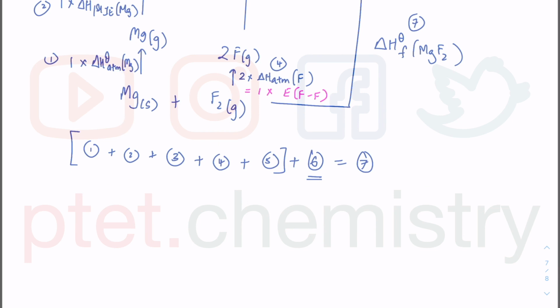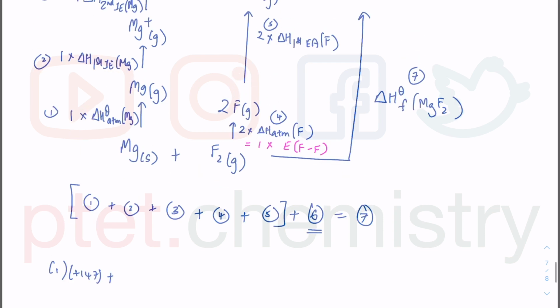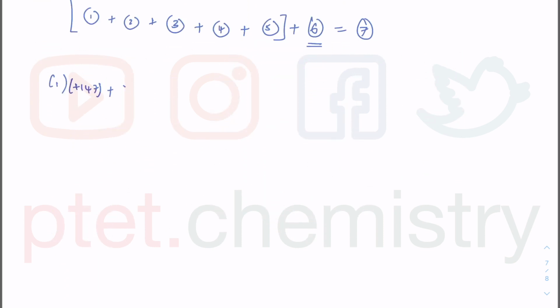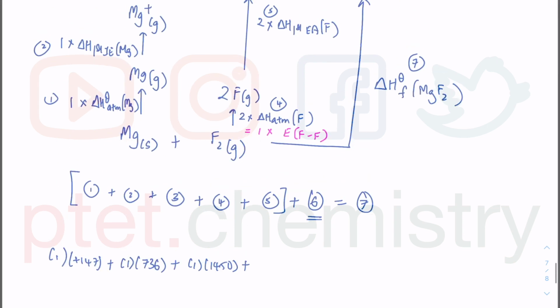Alright, 1 is the atomization of magnesium. So what do I have? I have 1 times plus 147. 2 is the first ionization energy of magnesium, and 3 is the second ionization energy of magnesium. So straight away I can get that from the data booklet. And what is 4? 4 is the one that they didn't give me, but I know I'm forming 2 mole of the gaseous atom, and that is equal to 1 times the bond energy that is given in the data booklet.